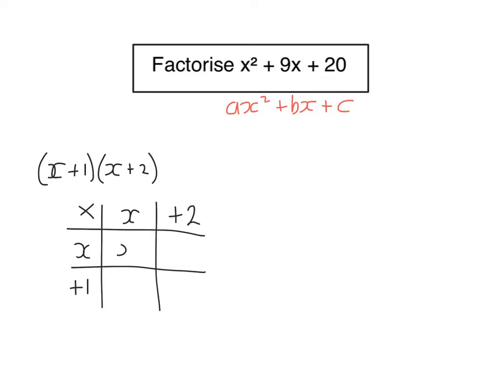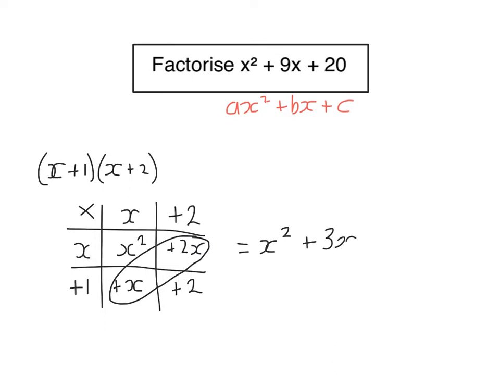So x times x is x squared, x times positive 2 is positive 2x, x times positive 1 is positive x, and 1 times 2 is positive 2. So we know this from previous videos, but my whole answer here would be x squared, and then I'd have to combine these, so 2x plus x is 3x, plus 2.